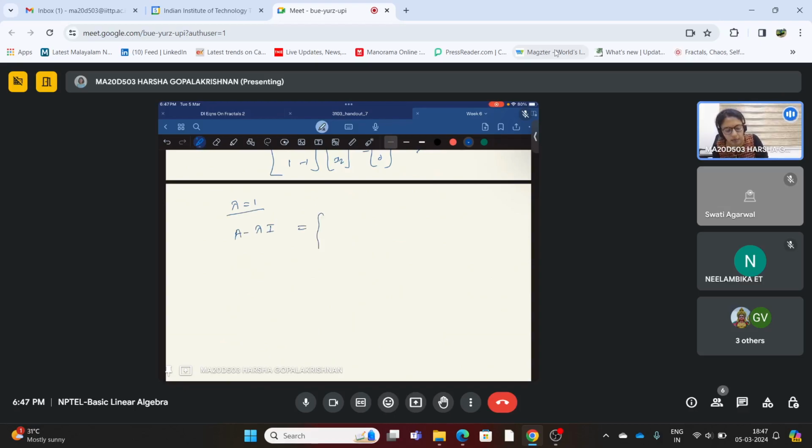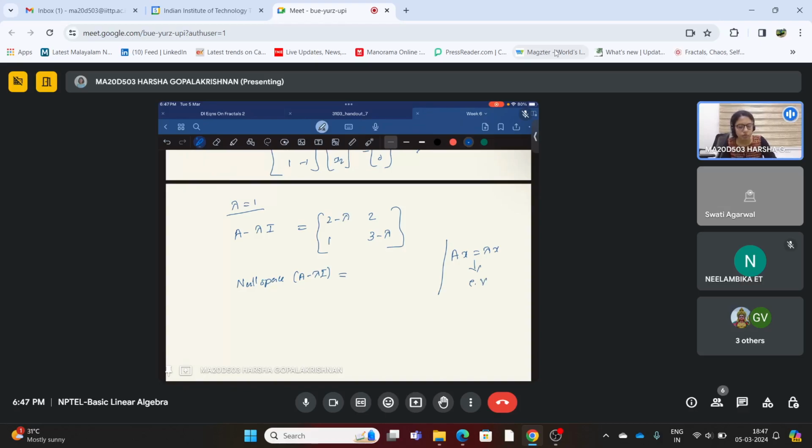So A minus lambda I is the matrix 2 minus lambda, 2, 1, 3 minus lambda. For lambda equal to 1, what can we say? The null space of A minus lambda I. Either this way we can do, otherwise we can do as earlier, A x equal to lambda x, which is finding the eigenvector.